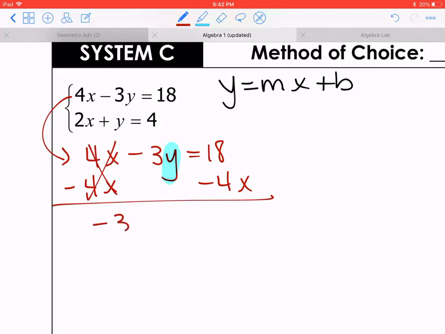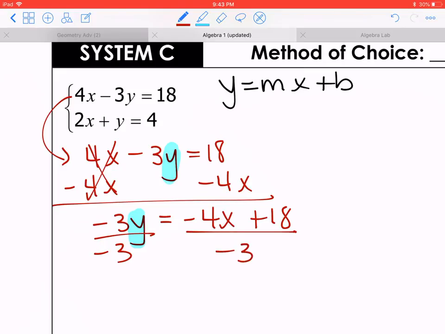So now I have negative 3y equals negative 4x plus 18. Still trying to get y by itself. So I'm going to divide by negative 3. Divide everything by negative 3. So then I end up with y equals 4/3 x minus 6. Y is now by itself, so that one's done.